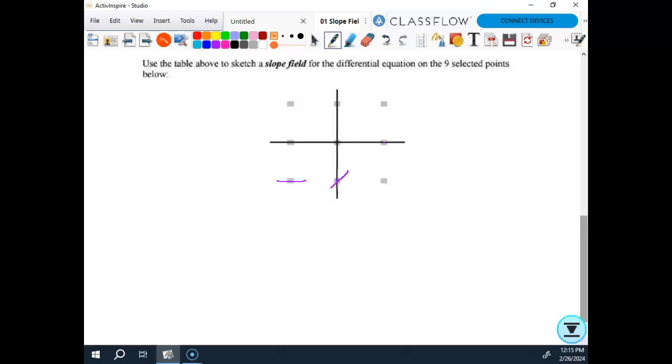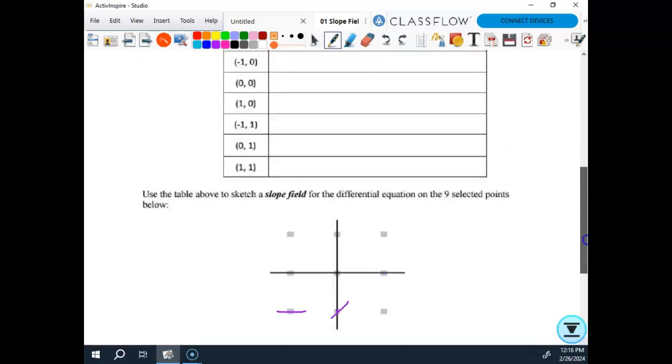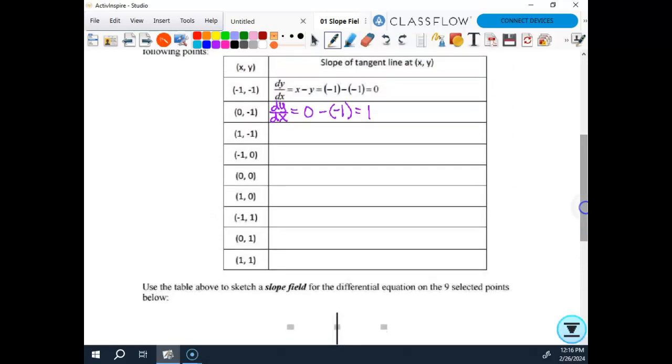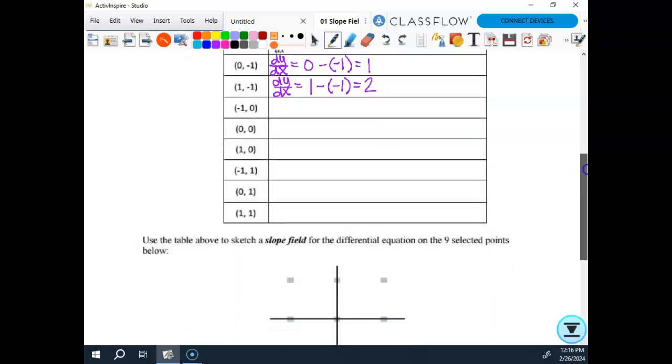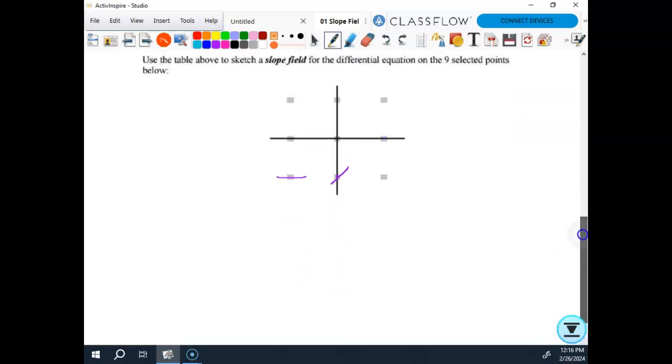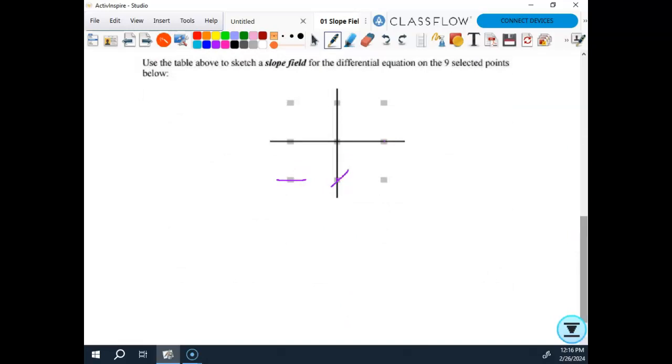That makes sense? All right, so then I'm going to go back up here and do dy/dx. That's equal to 1 minus -1, which is 2. So when I go to the point (1, -1), my slope is 2, which is steeper than this one.